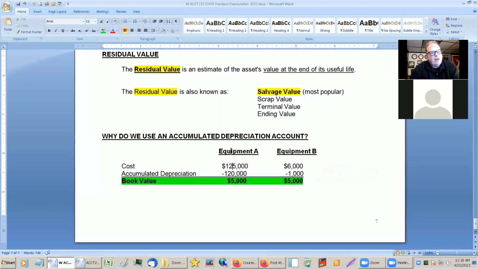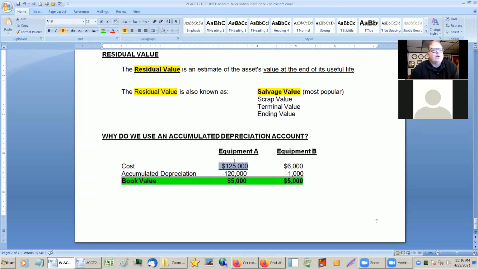However, equipment A is very expensive, and it's very old. It's probably close to the end of its life. And you may say, well, okay, that's fine. Well, the problem is that you're probably going to have to replace equipment A. And equipment A isn't cheap. Equipment A is $125,000.